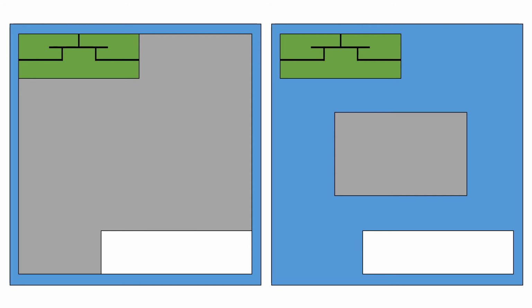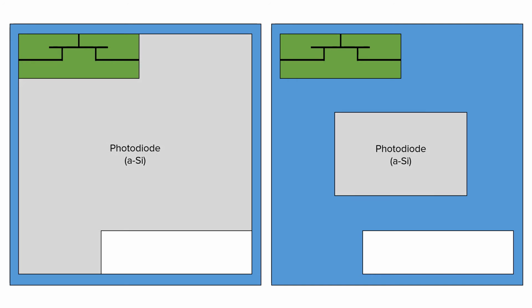An important consideration is the fill factor, or the amount of amorphous silicon on the TFT panel. The more surface area there is of amorphous silicon, the higher the spatial resolution.